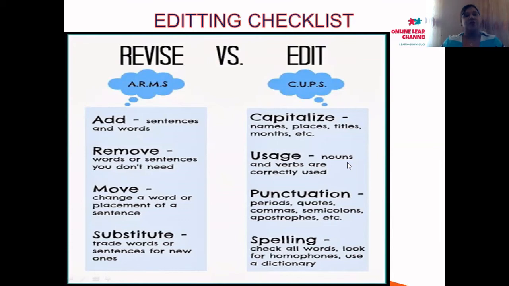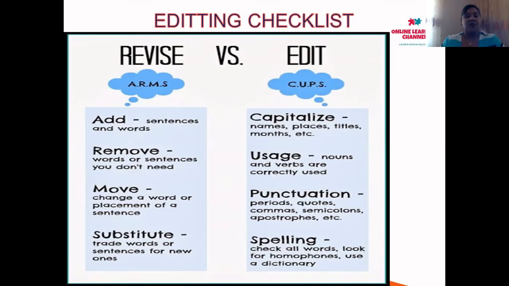Make sure you're using the correct nouns and the correct verbs. Then P stands for punctuation. Your full stops, your quotation marks, your commas, your semicolons, and apostrophes need to be in the correct places.